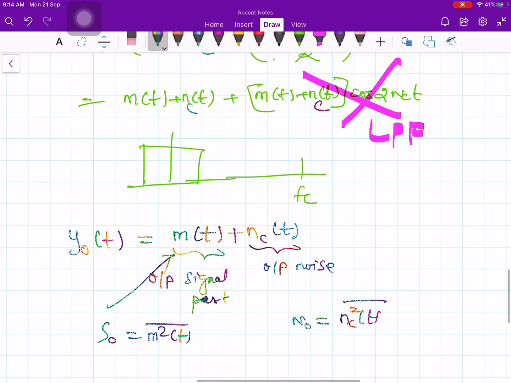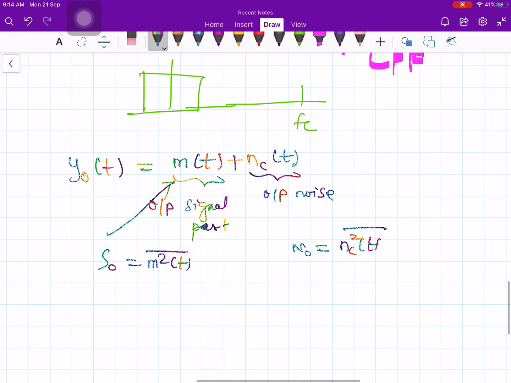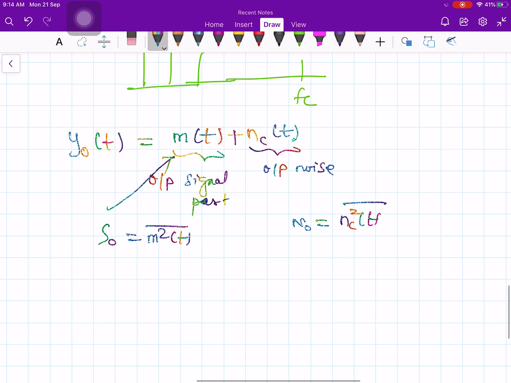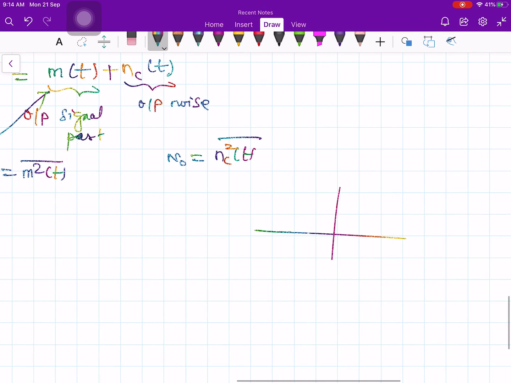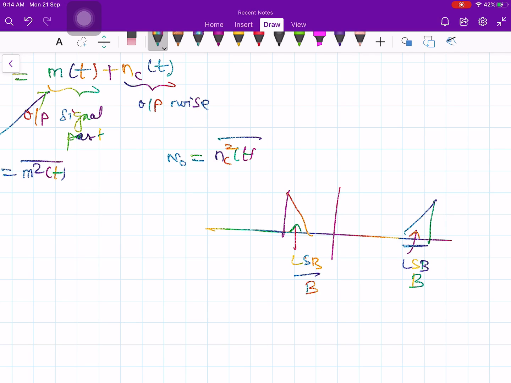Now n naught is how much? What is the bandwidth of the band pass filter? Again, it is not 2B, okay, it is simply B. Please remember that your signal has either lower sideband or upper sideband, like this, lower sideband, and here also lower sideband. What is the bandwidth now? Here B, and here also it is B. Therefore B times n by 2, and here also B times n by 2.